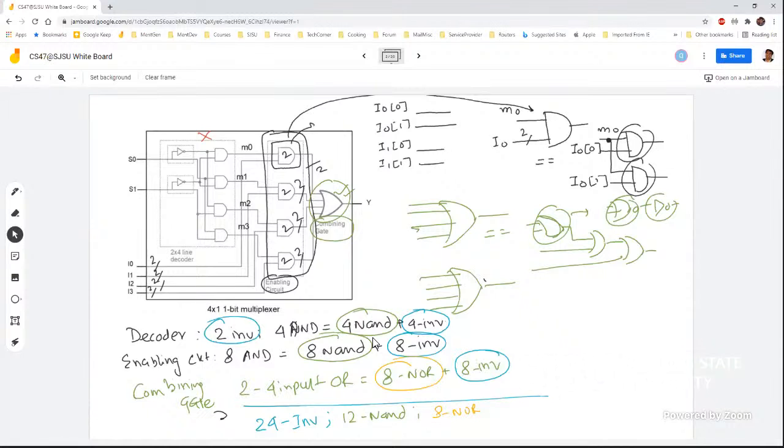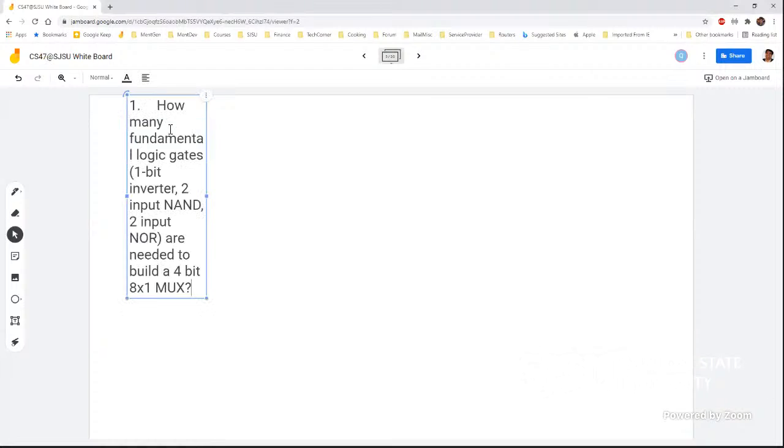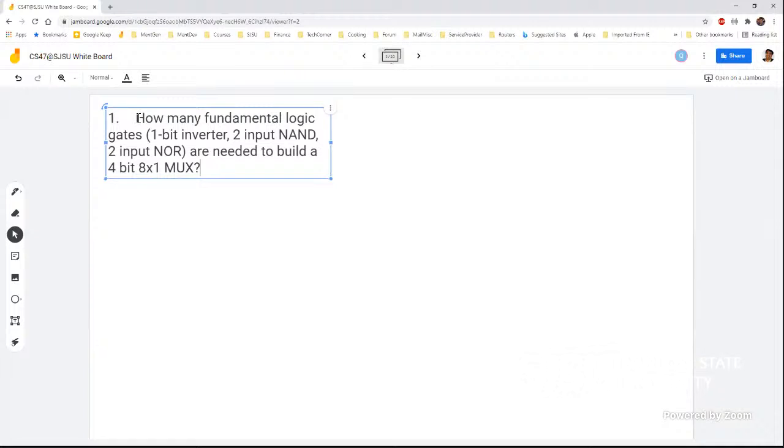Question? Okay, now let's extend this problem to a 4-bit 8x1 multiplexer. So this is our problem now.